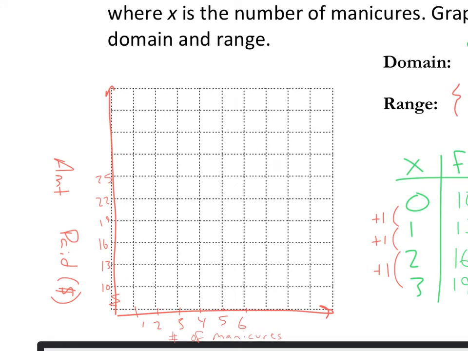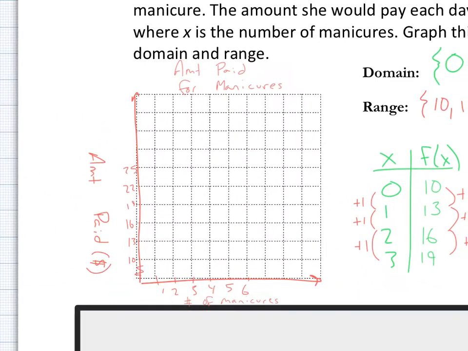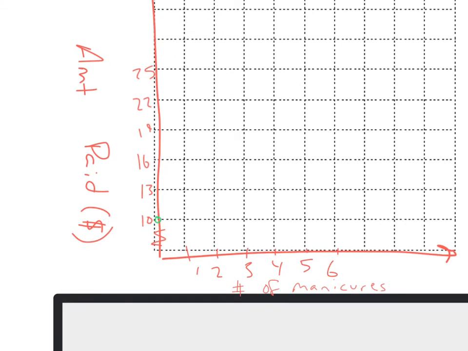Title: amount paid for manicures. Something like that. Okay, now to graph, let me change the colors here. We'll go 0, 10 is our first dot, 1, 13, 2, 16, 3, 19.